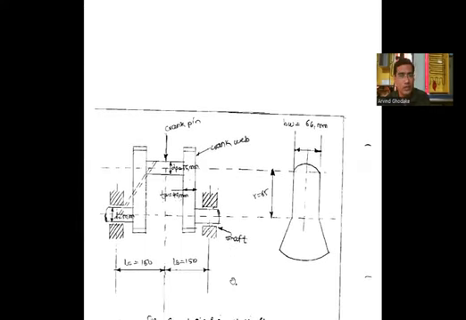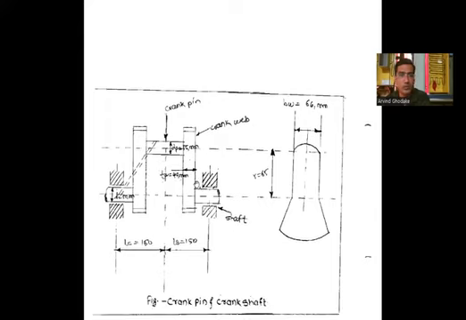Now this is a diagrammatic representation of the crank. You can observe this is a crank, this is a shaft, and these are the bearings. This is a crank web, and this is a crank pin. The diameter small d is 50 mm, the length is 300 mm, LS plus LB, the radius r is equal to 65, the web width is 64 mm, the diameter of the crank pin is 55 mm, the thickness of the web is 40 mm, etc. So this is the diagrammatic representation of the crank pin and crankshaft dimensions.